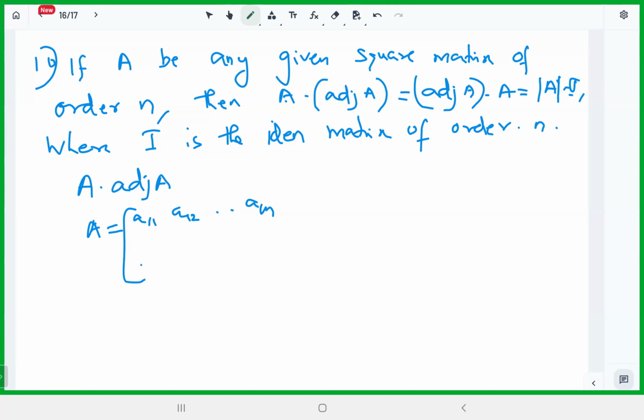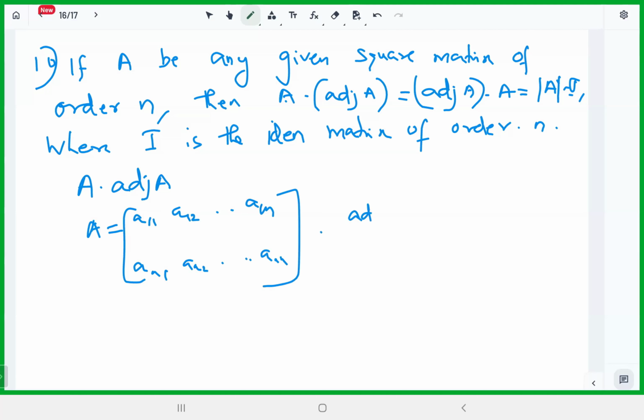Similarly, you can write the last row as An1, An2, etc., Ann. So this will be our matrix A of order n.